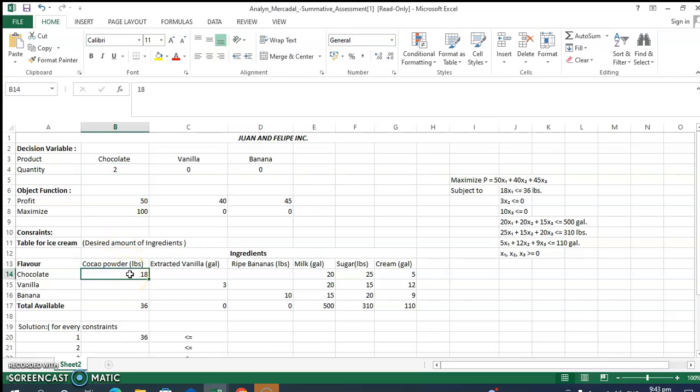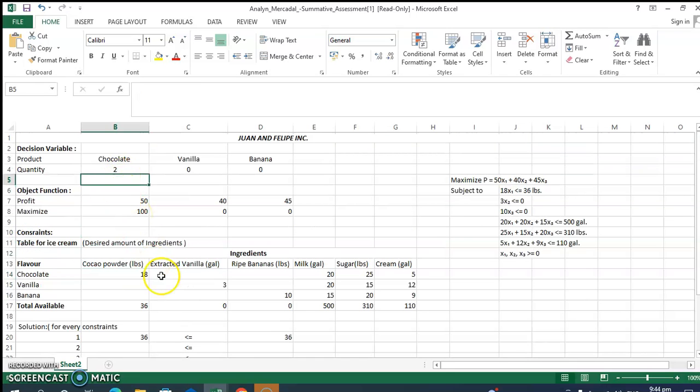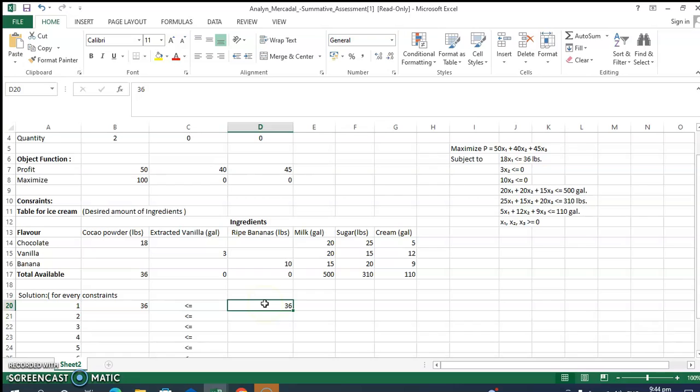So 18 times 2 is equal to 36. It's because the total available, 18 times, so we multiply them, is equal to 36, which is the available. So the constraint is 36 is less than or equal to 36 for the cocoa powder.